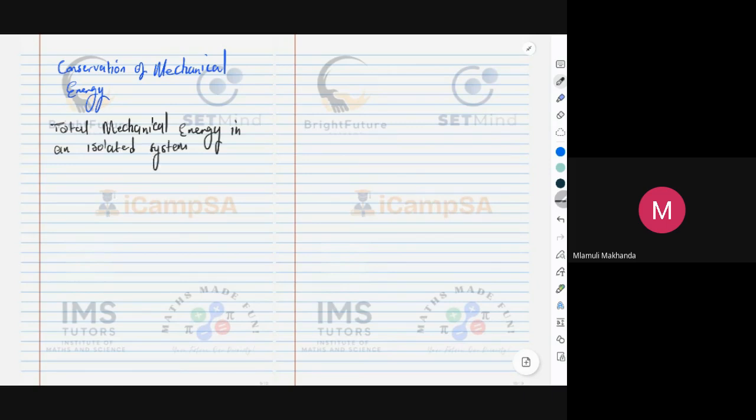This is very important. What is an isolated system? That means we are not having anything coming into our home. So there is no force from outside that is going to come inside our system, and nothing from our system is going to leave and go outside. Right? So this is an isolated system.